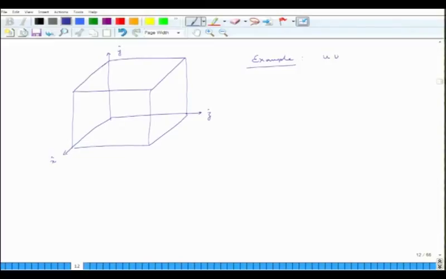If I take U, V, W as 1, 2, 3, then what it basically means is that you have one lattice translation along x, two lattice translations along y, and 3 along z.